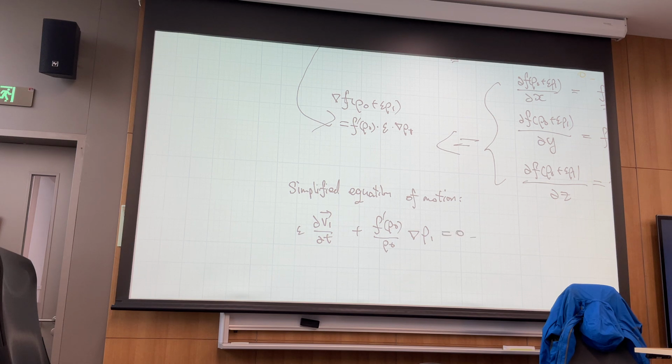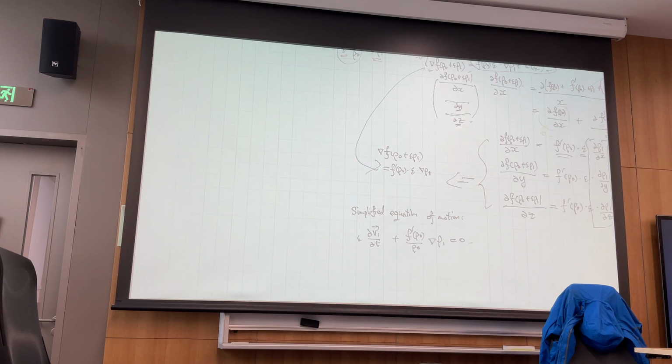This is my simplified equation of motion. Again, what kind of equation is this? Linear, right? Linear, because f prime rho 0 and rho 0 are constants. Therefore, order 1, it is a linear equation.